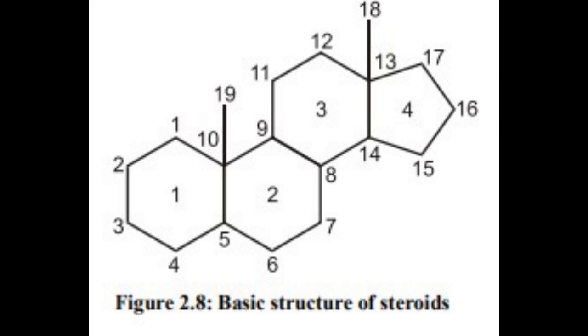Steroids containing an alcoholic group at C3 position and a side chain of 8 to 10 carbon atoms at C17 are called sterols. The best known examples are cholesterol, yes, the much talked about compound because of its association with atherosclerosis, and ergosterol, which is a precursor of vitamin D, as illustrated in Figure 2.9, A and B.